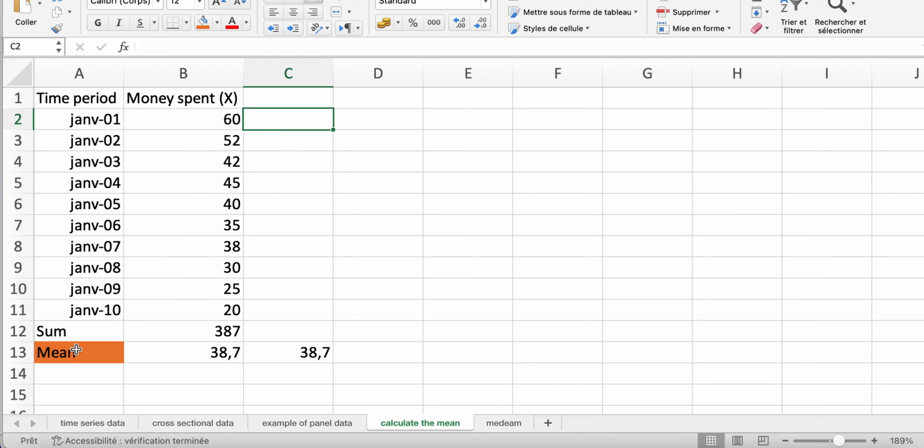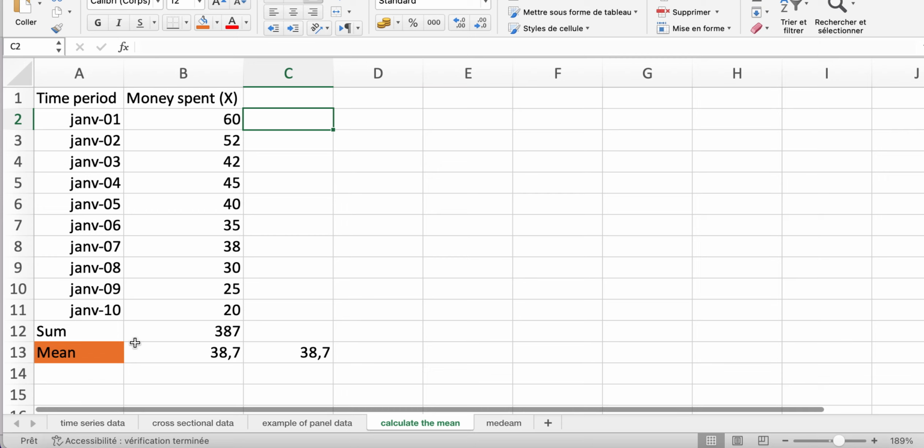To know around which value this person spent, we calculate the mean. So we can say that this person spent around, for example, $40 each day.